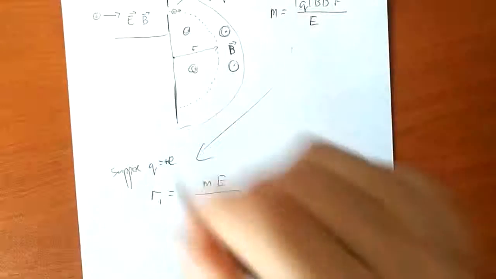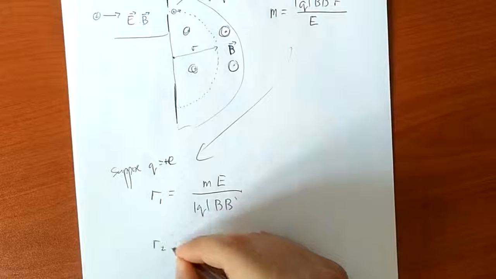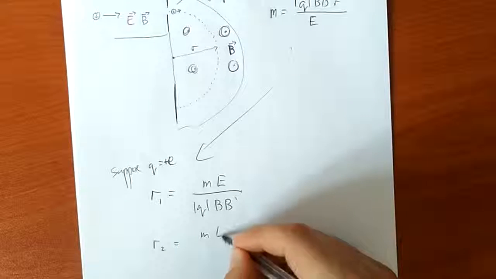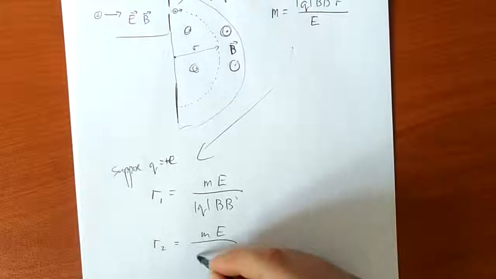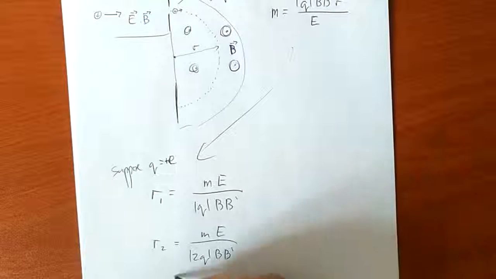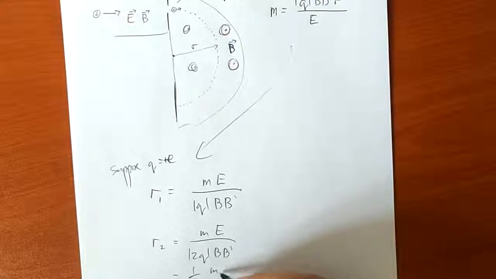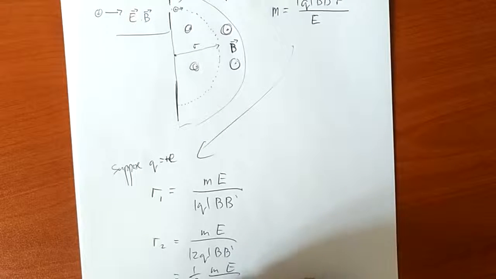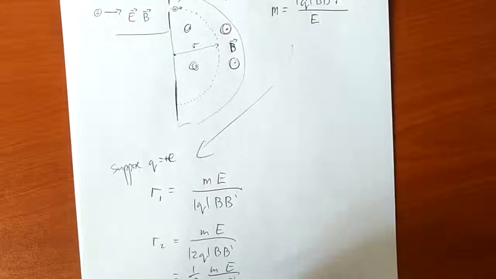Now let's suppose there's a second ion that doesn't have the same charge. In fact, it's got twice that. Then the radius is a half of ME over QB prime.